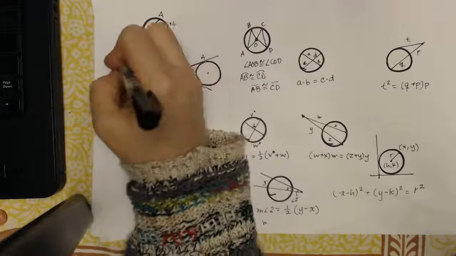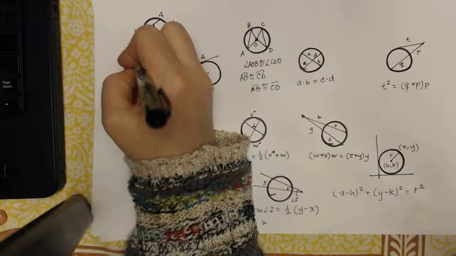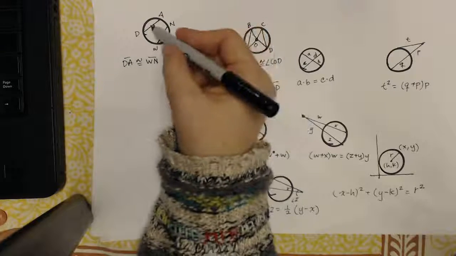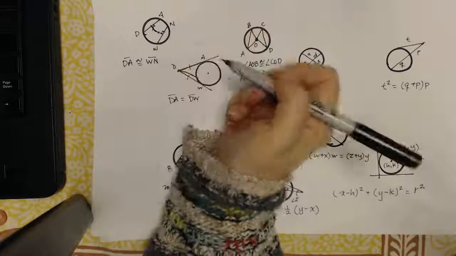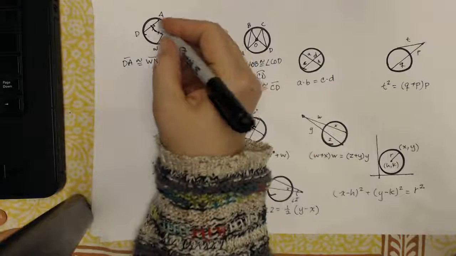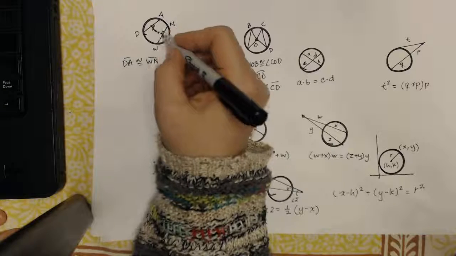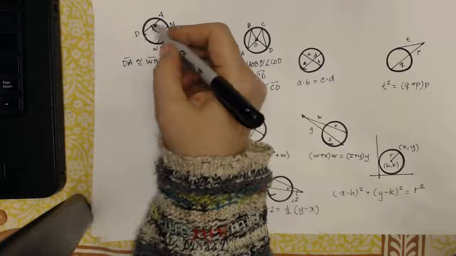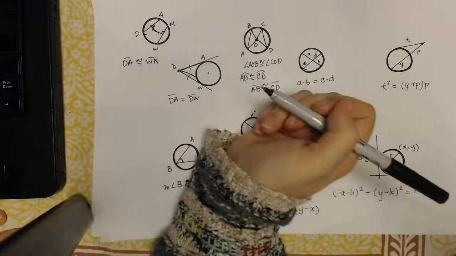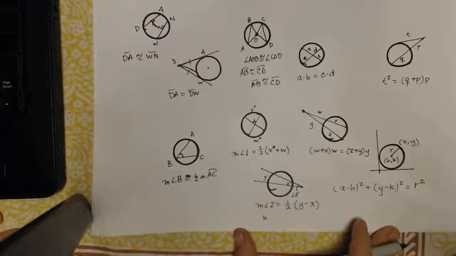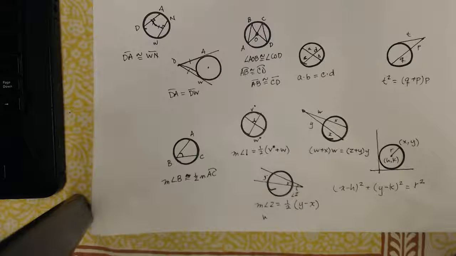So on this one, chord DA is going to be congruent to WN because they're both equidistant from the center of the circle. So the chords are equidistant if they are equal length, and if they're equal length, then they're also equidistant. These are all of the formulas and theorems that you'll need for the quiz. Make sure that you have them all written down.